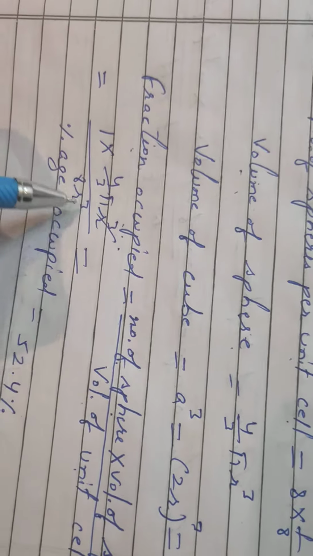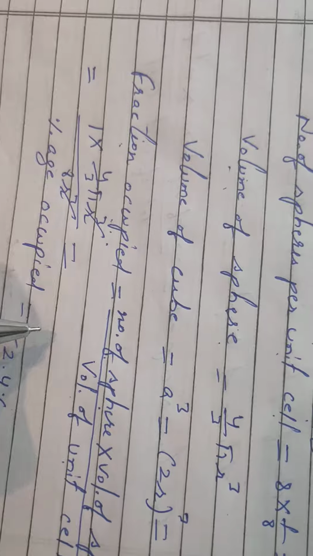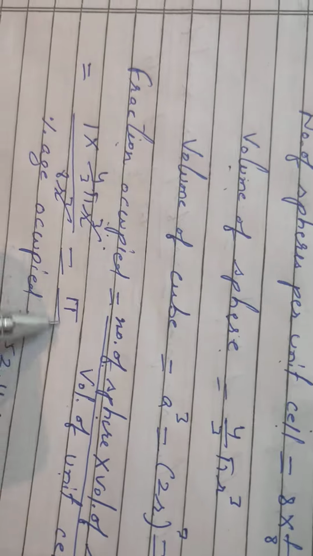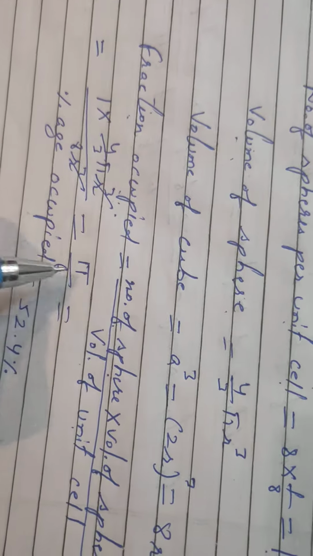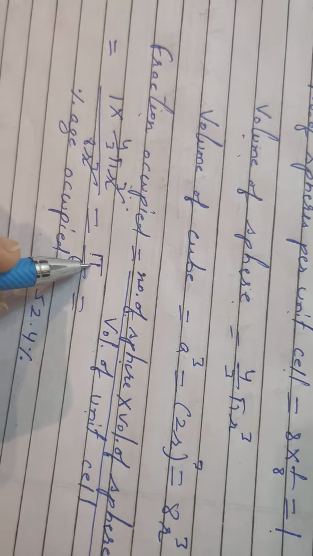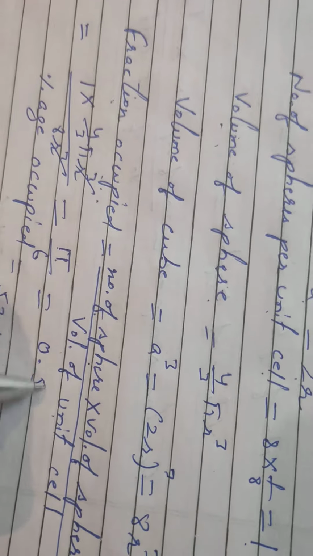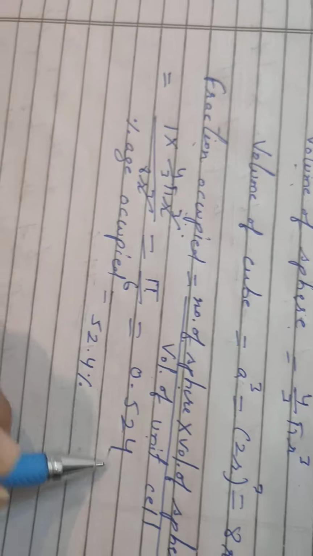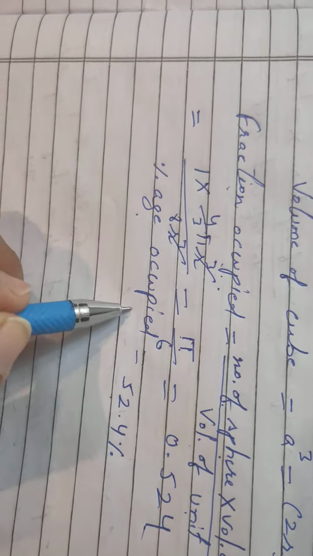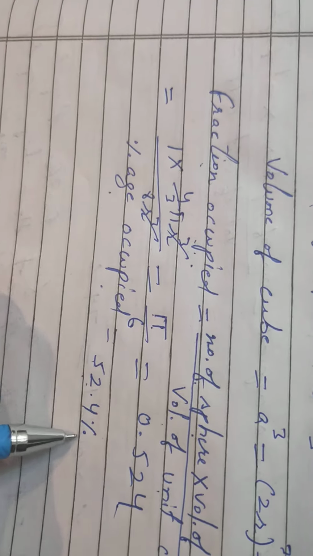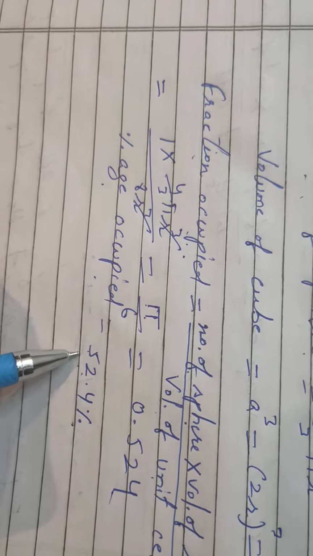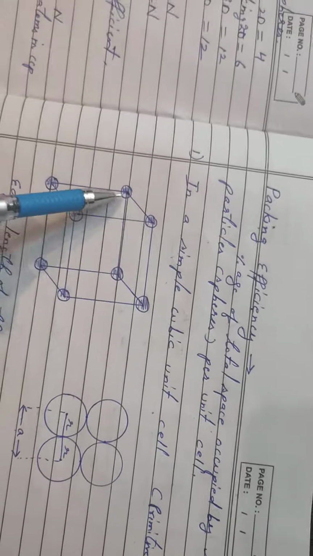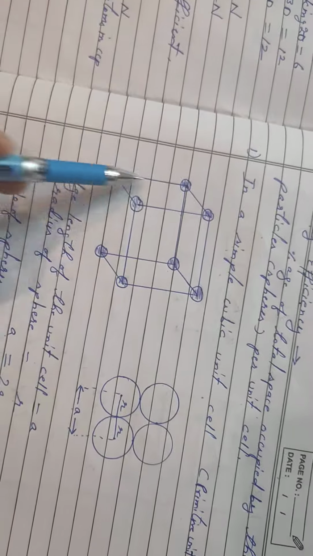So this will be equal to pi by 6. So you will put the value of pi here, 22 by 7. You will get 0.524. This is the fraction occupied. Now if you will calculate percentage, the percentage occupied, that will be 52.4%. So this is the packing efficiency, means how efficiently these spheres occupy the space in this unit cell.